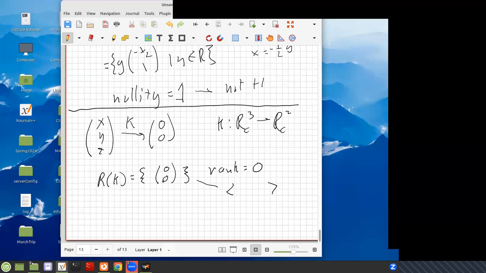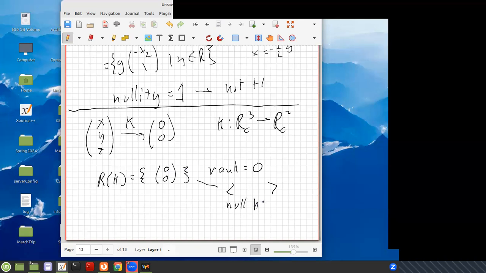But you can't put a non-zero vector in here either, because then you wouldn't just have the 0 vector. So there aren't any vectors you can put in here to capture this space. So it's the null basis.